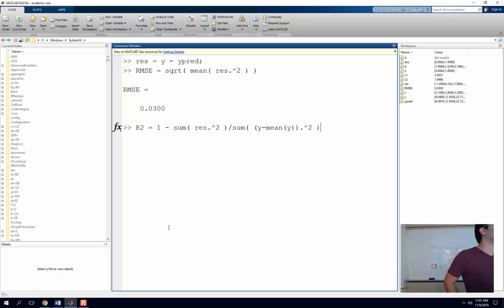Not 1. Infinity. What is the maximum value for R squared? 1. What's the minimum value for R squared? Negative infinity. The best value for RMSE is 0. The best value for R squared is 1.